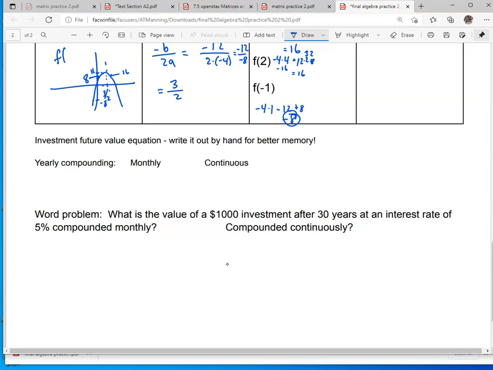Some people put FV, but I'll put V. The future value of your investment is equal to your initial investment, I'll call that principal, P, times 1 plus the rate of interest divided by the number of times it's compounded yearly, to the power of the number of times it's compounded yearly times, they like to use T, but I'm going to put Y in here because I think Y is a better variable. Because Y represents years of investments.